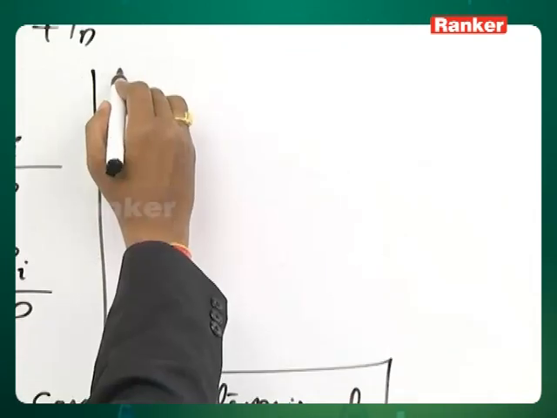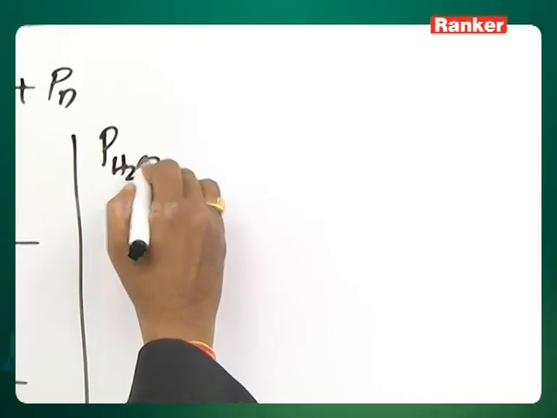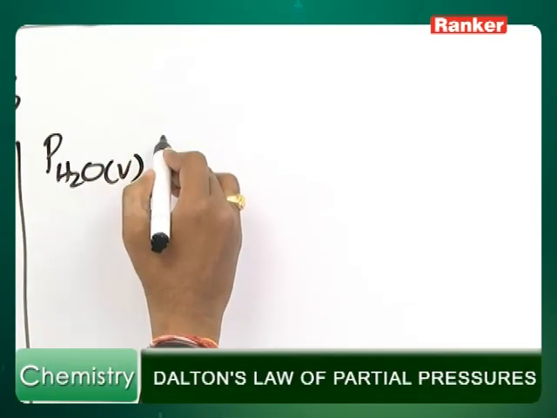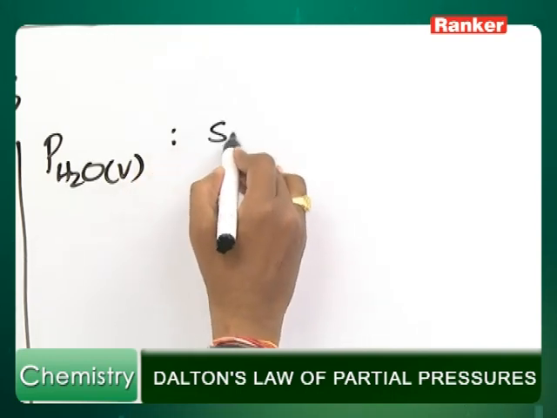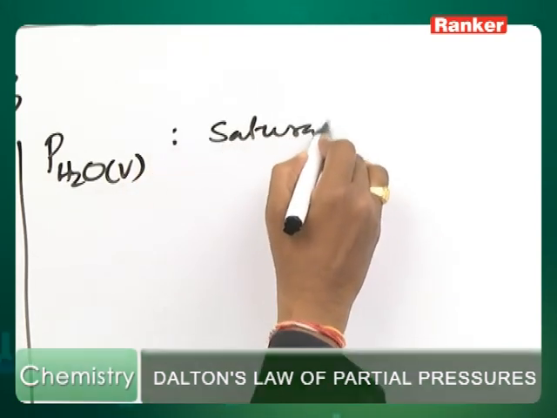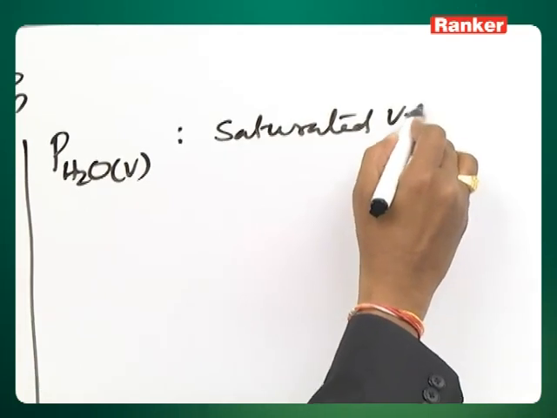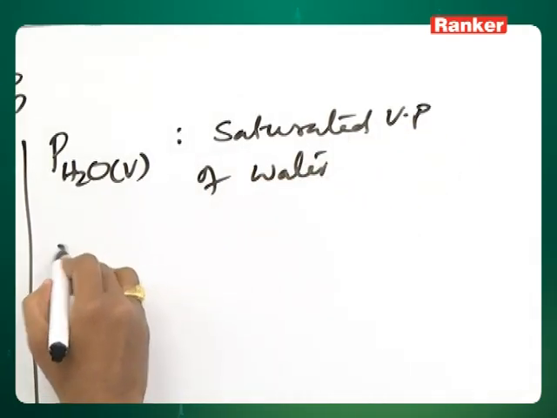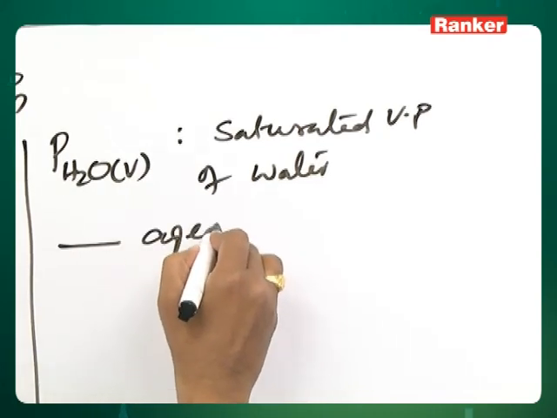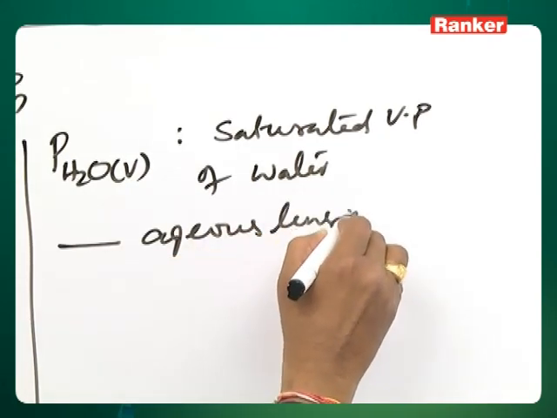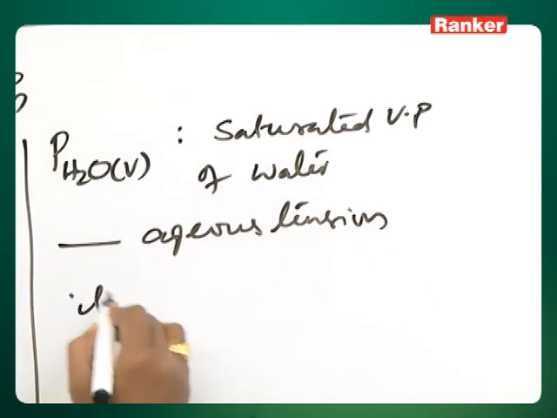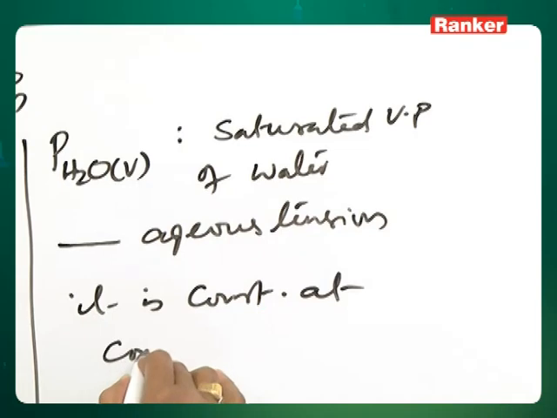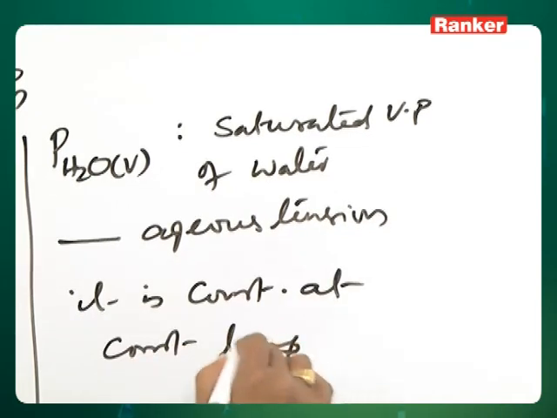This pressure of water vapor, the saturated vapor pressure of water, is called aqueous tension, and it is constant at constant temperature.